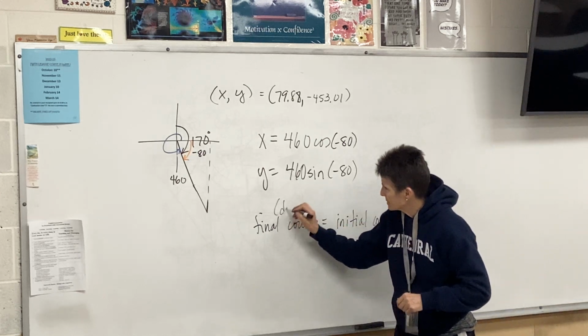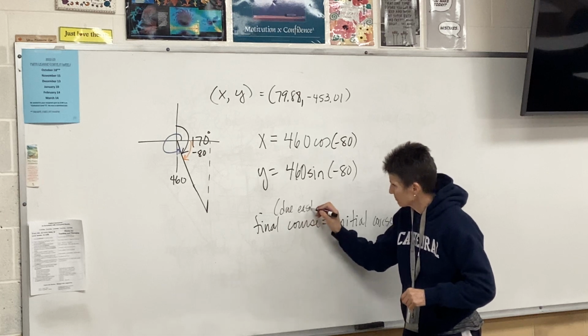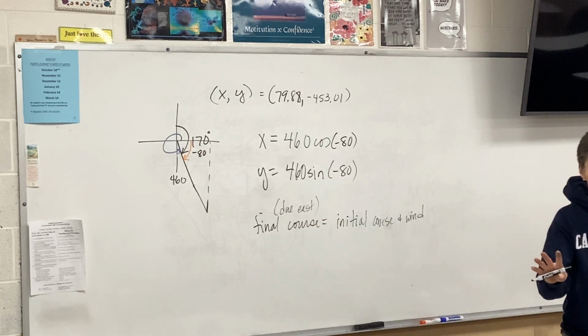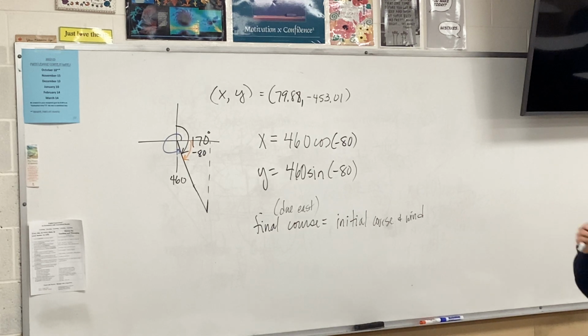I'm going to put due east here so we remember. Right? If we add her course and the wind together, we need to end up going due east. That's what the problem says.